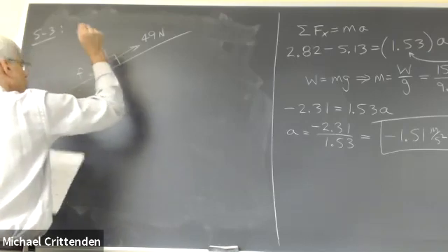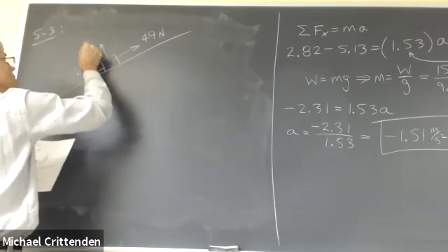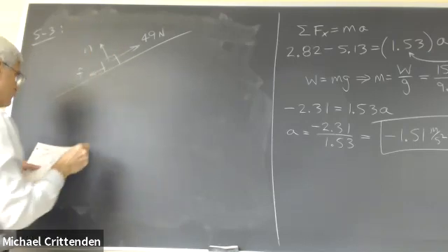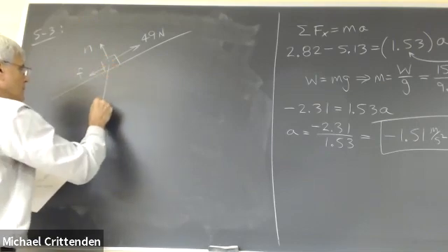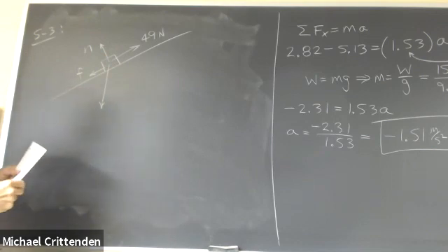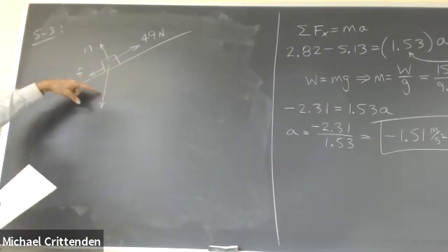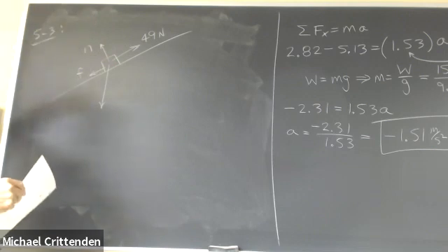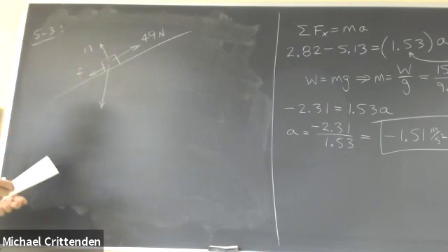The normal force, as always, is normal to the surface. And the weight, which probably if I'm going to draw the weight this long, I should have made the other arrows longer, but well, I never promised that the diagram was to scale.